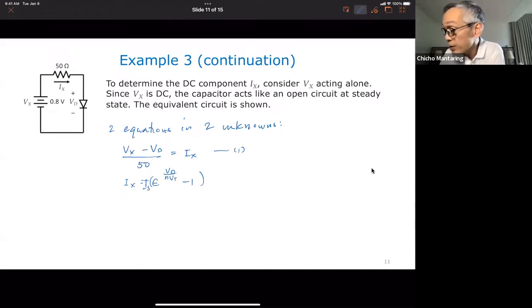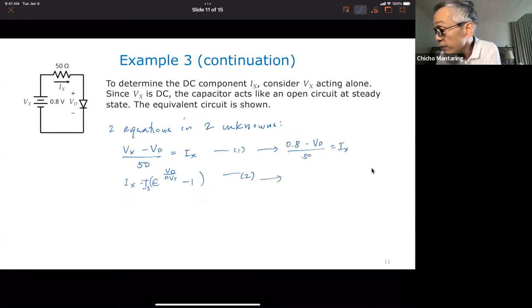Okay, that's your second equation. So here I have 0.8 minus VD over 50 is equal to I sub X. That's my first equation.